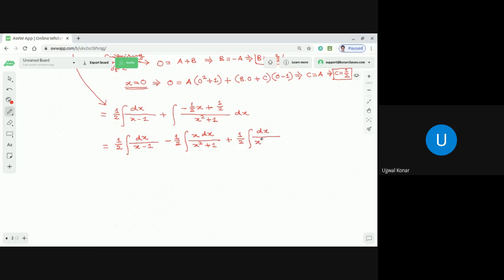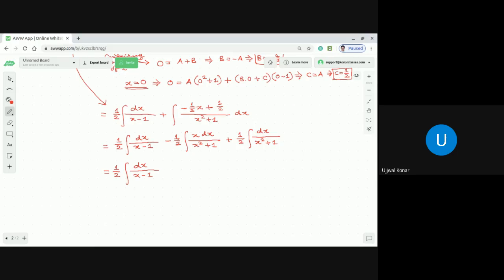All of you agree, dear students? Clear or not clear? So this is equal to 1 by 2 integration dx by x minus 1. For the second integration, in mind you can assume x square plus 1 equal to t. Then 2x dx should be equal to dt.